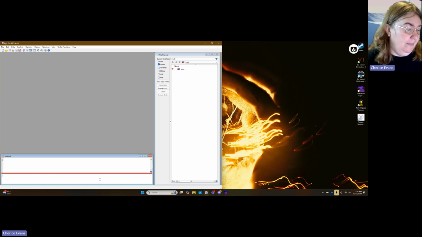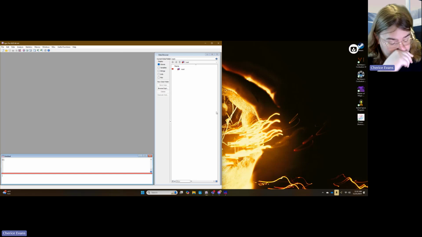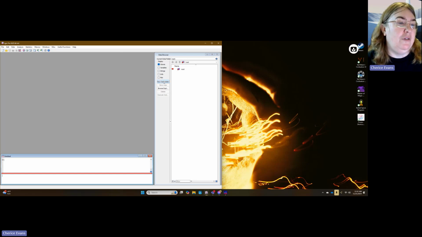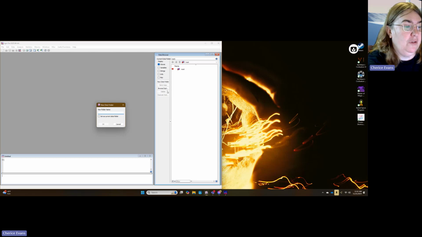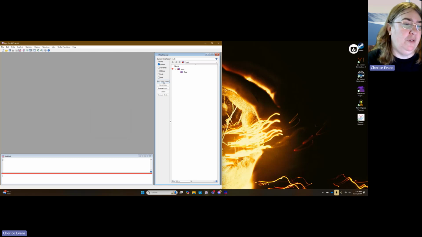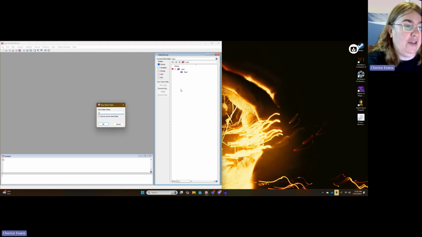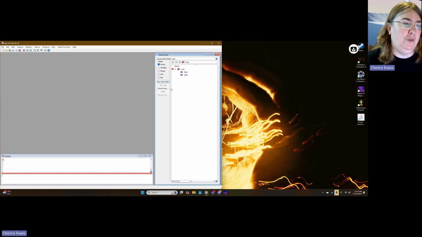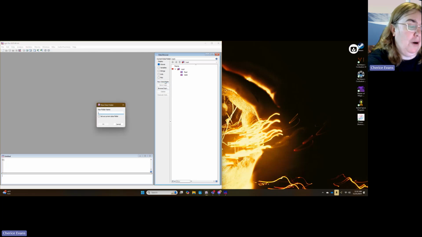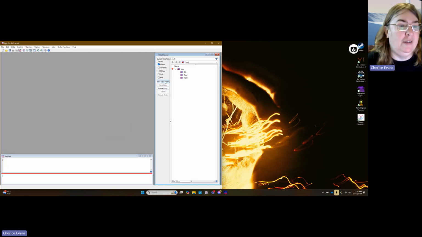So initially, this is what Igor looks like when you first load it. I'm going to set some data folders. I'm going to have a real gas data folder, a van der Waals gas data folder, and then a perfect gas data folder. And it'll be in the real gas data folder that I need to be in right now because I'm going to be setting phase boundaries.